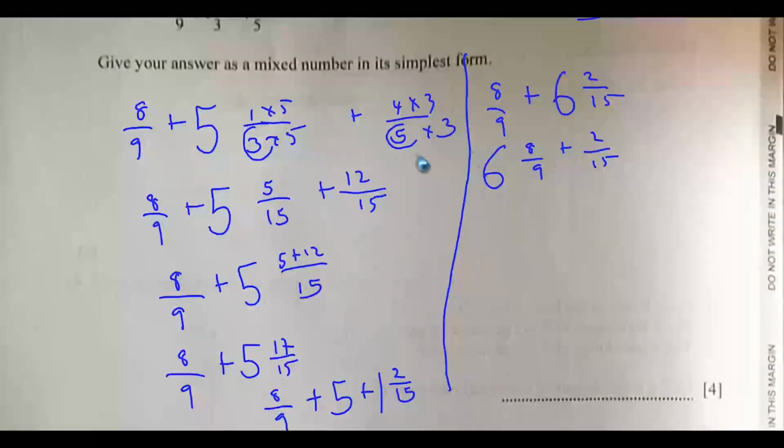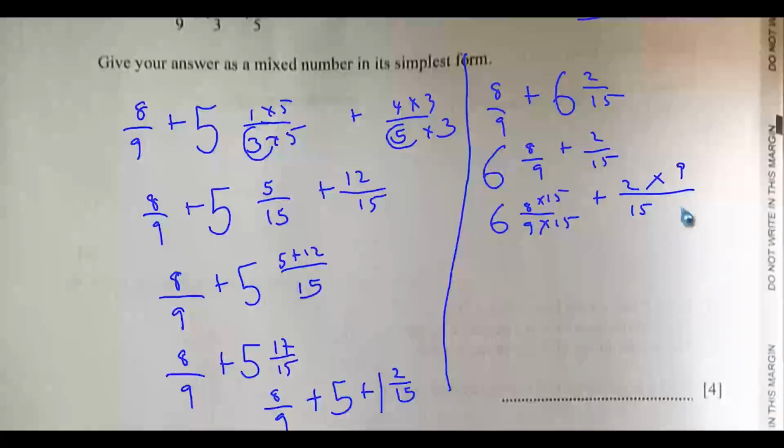So let's use common denominator again. So this will be 6 whole, 8 over 9. Let's multiply the numerator and the denominator of 8 over 9 by 15, plus 2 over 15 again. Let's multiply the numerator and the denominator by 9, so times 9 and times 9.